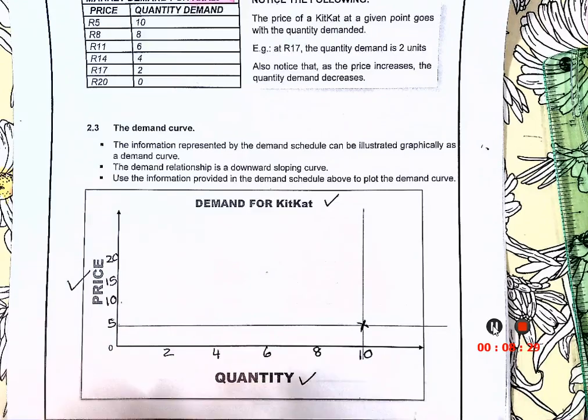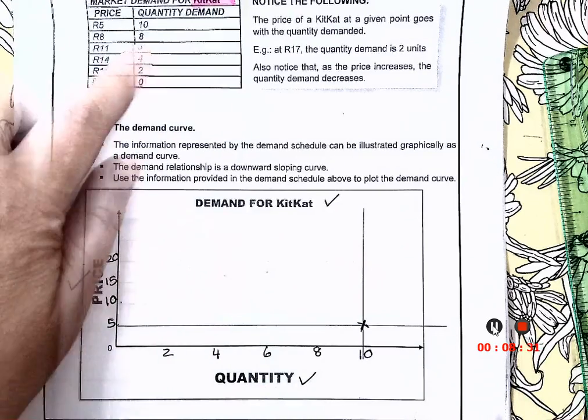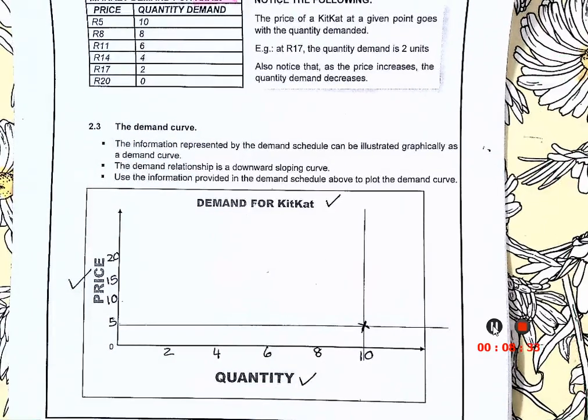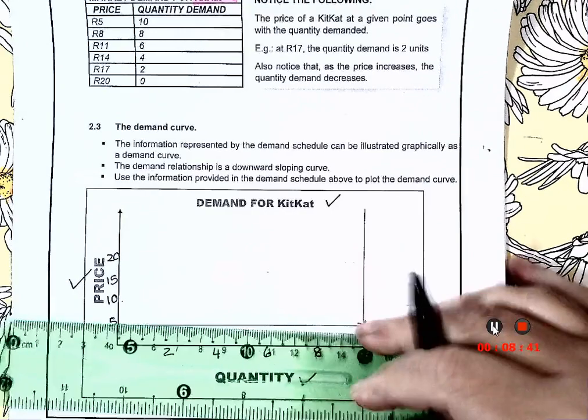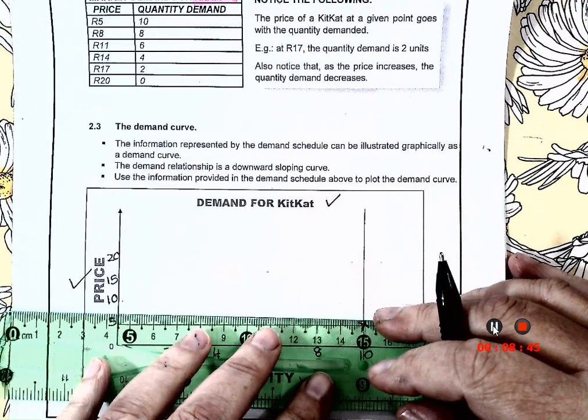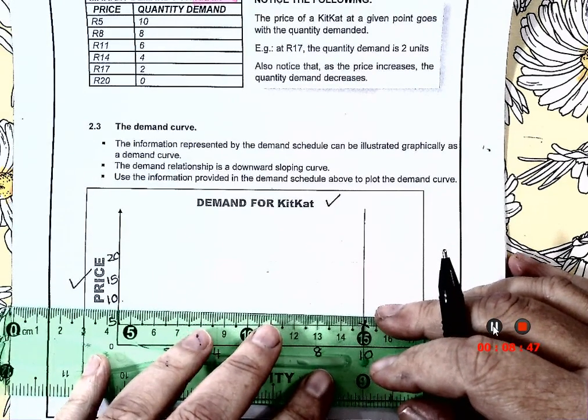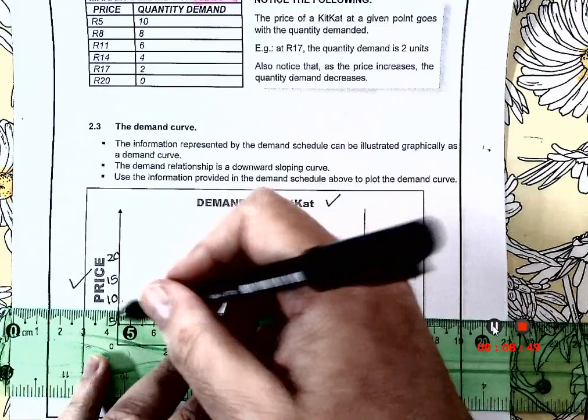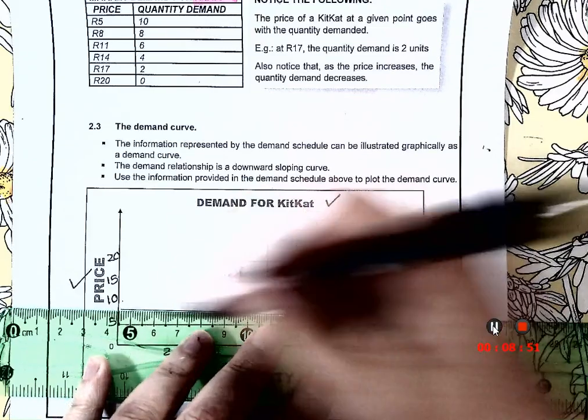Next one, 8 rand, 8 units. So, can you see again, it's not going to be totally accurate because I didn't have a line there for 8. So I'm going to put it somewhere between 5 and 10. So between 5 and 10 there would be 7.5, 8 would be about here. So I will say, okay, let's make this 8.